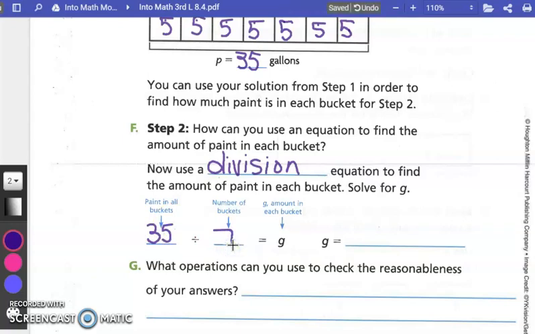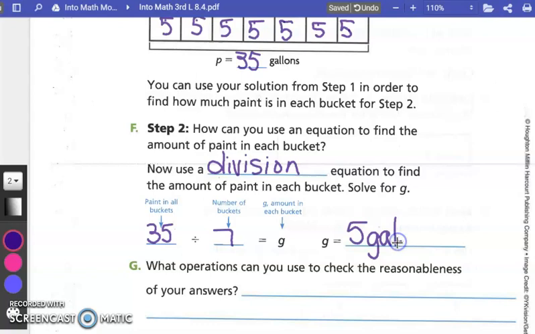That's 7 buckets, right? And we decided that 35 divided by 7 was, and we need to get a label on this. What's going to be our label? 5 in each bucket. Gallons.